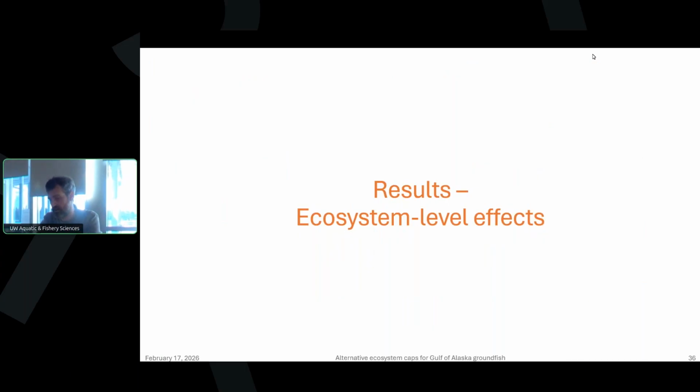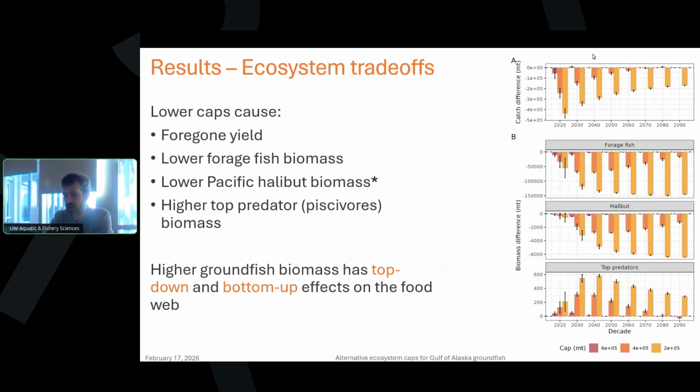Okay, we're almost through with the results part. This is an ecosystem model, so it would be a disservice not to at least think about ecosystem level effects. You can do the same line of reasoning with other indicators in the system, whichever ones you think are important. Here you have again your difference between the various levels of the cap and your status quo.